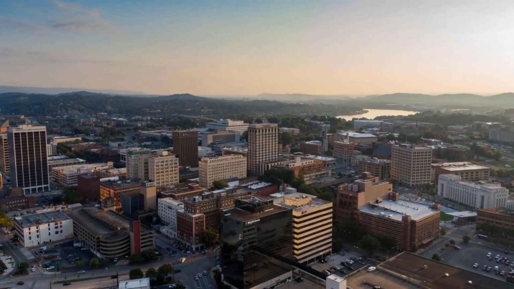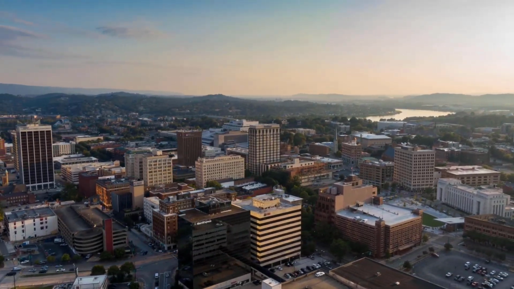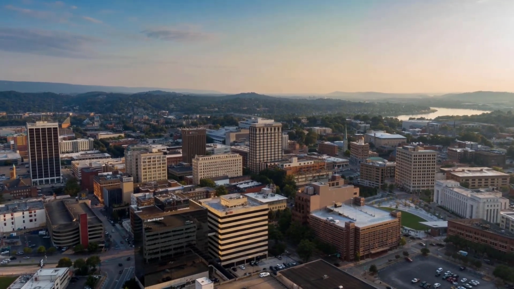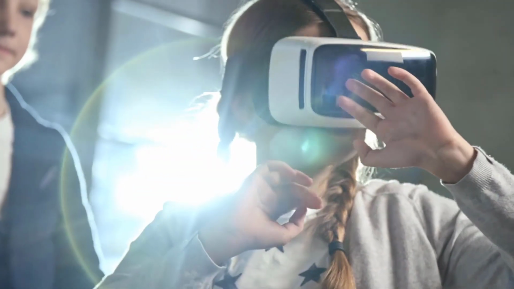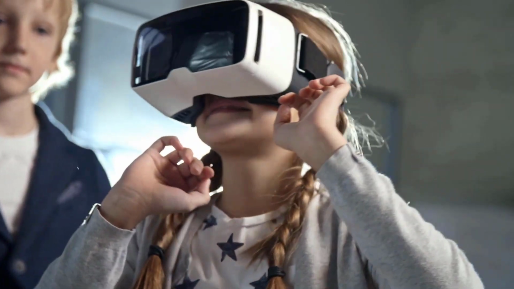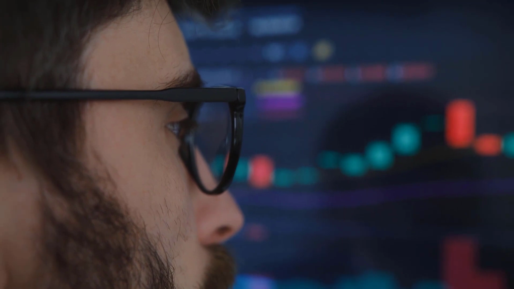The hashgraph algorithm was created and patented in 2016 by the American mathematician Leemon Baird. Algorithm rights are owned by Swirlds, founded and developed by Baird. Swirlds' technology was spotted by U.S. banks in October 2017.